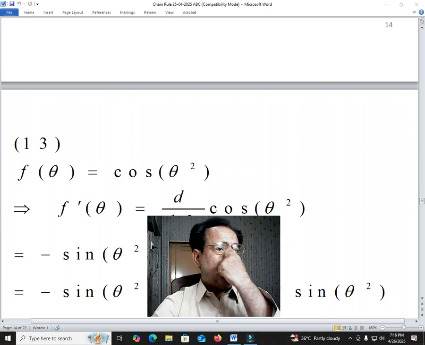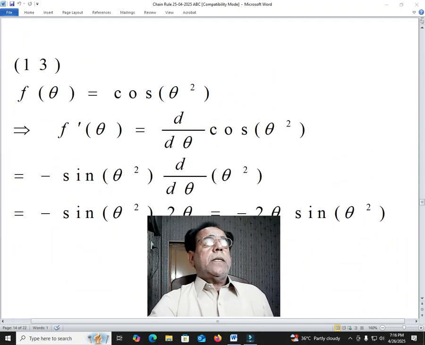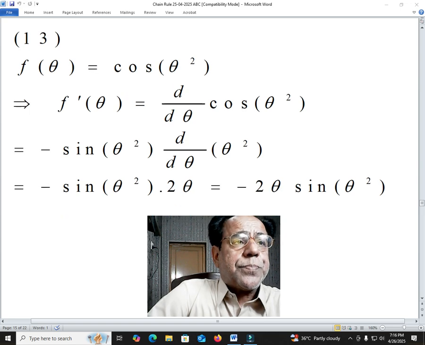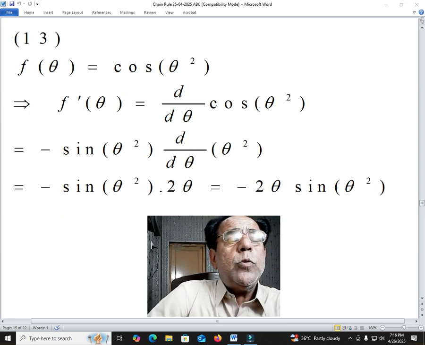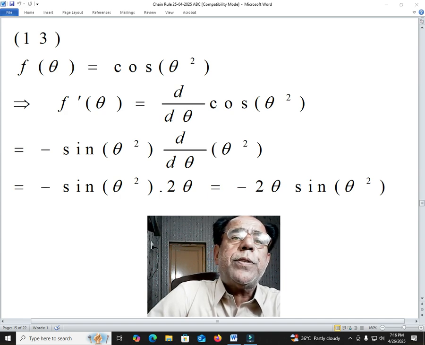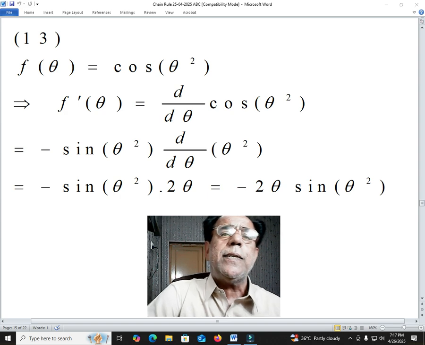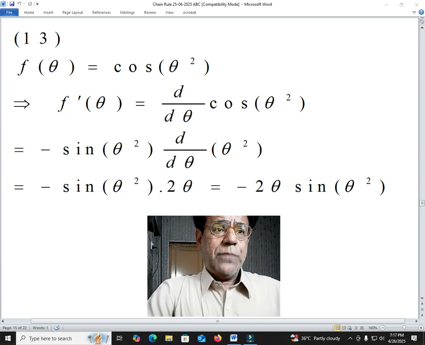Okay, now problem number 13. Here f is a function of theta, f theta is equal to cos theta square. So f dash theta equal to d over d theta into cos theta square. Because f is a function of theta, so f dash theta will be equal to d over d theta into cos theta square.